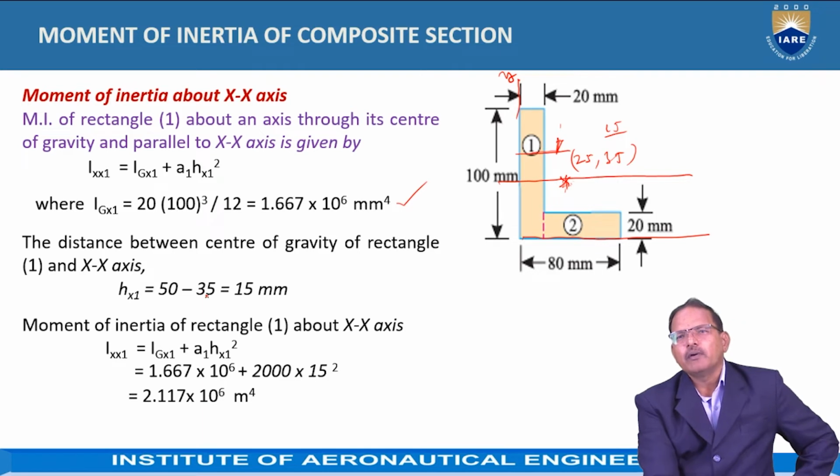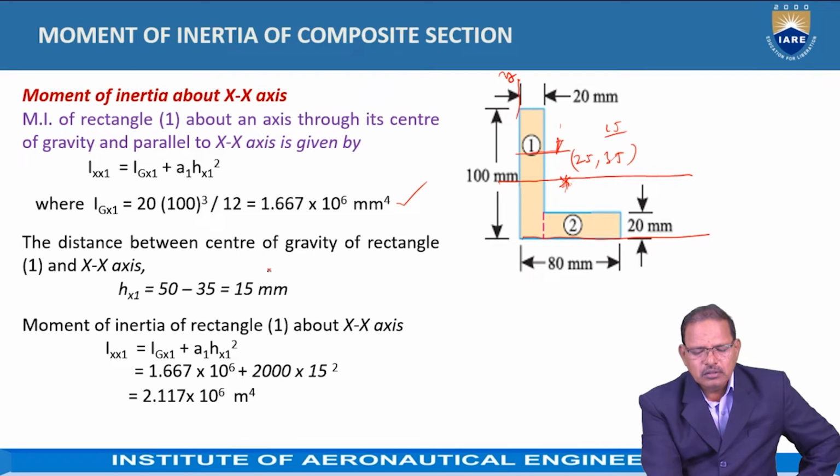We are taking only the positive value between them. That is treated as the h value. It is equal to 15 mm.